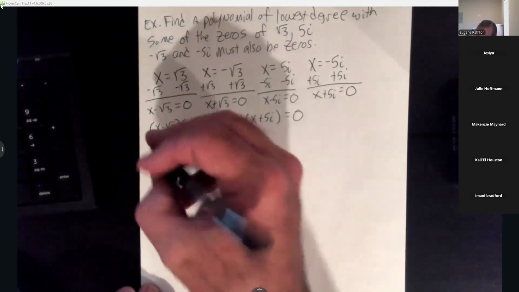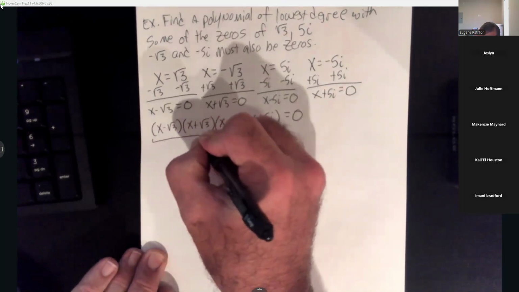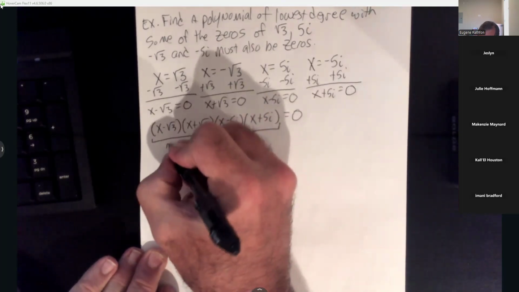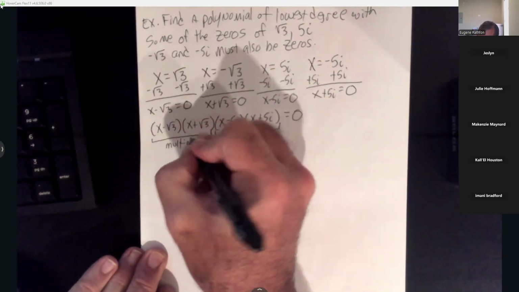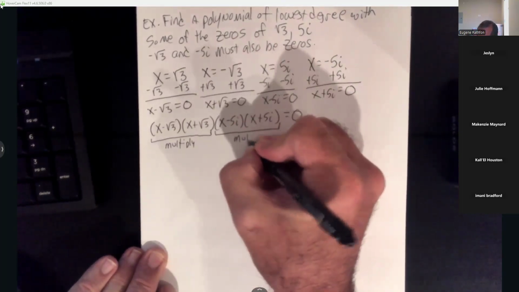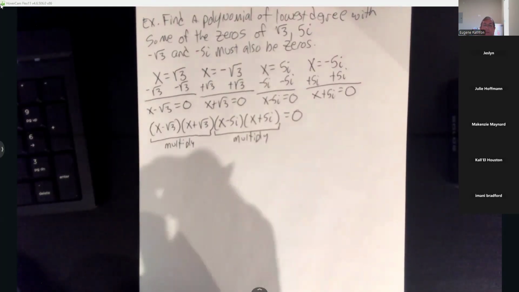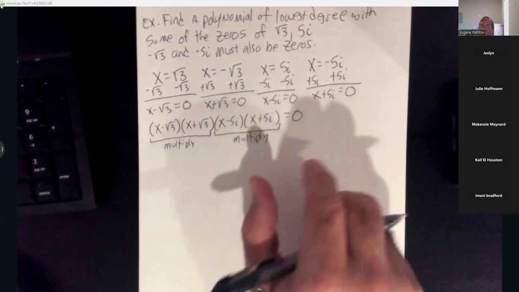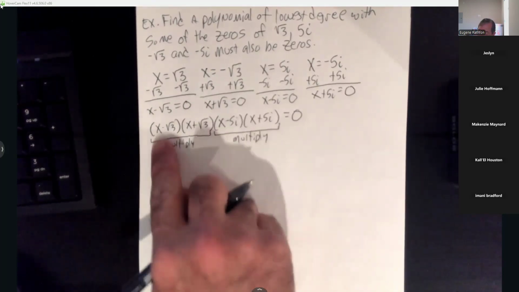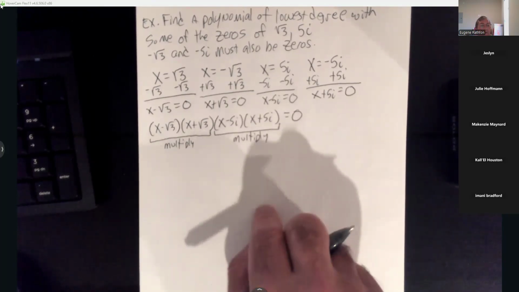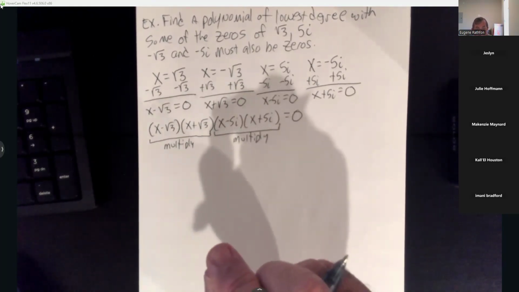Think on this one, since I've got conjugates, I'm going to multiply the first two, and then I'm going to multiply the last two. That way I can just keep them in order here, okay? Instead of doing them all on my side. So first I'll do these two and put them in parentheses, and then I'll do these two and follow along in their parentheses, okay?